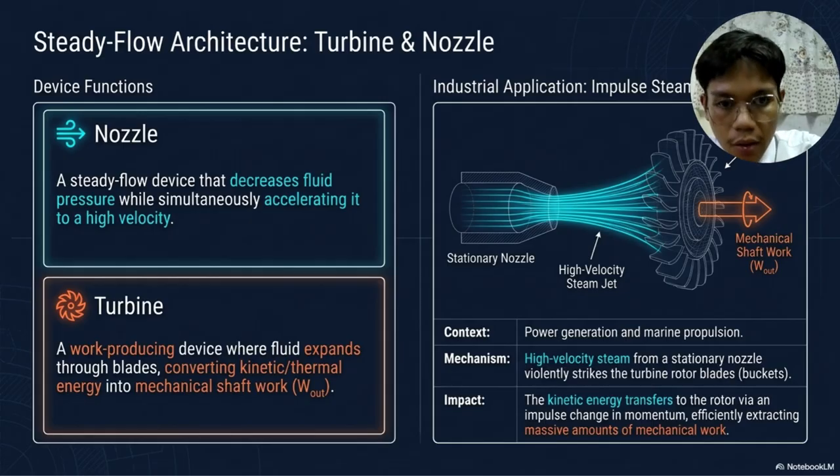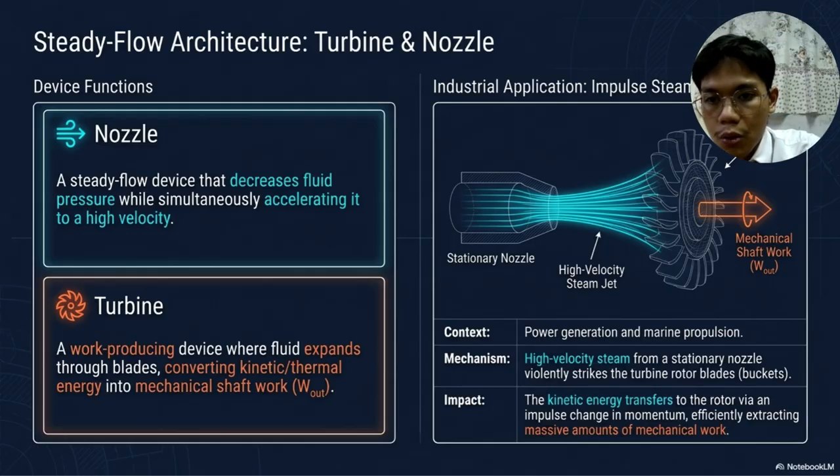Meanwhile, the turbine is a work-producing device where fluid expands through blades, converting kinetic or thermal energy into mechanical shaft work, or work out. For industrial applications, we have the impulse steam stage.